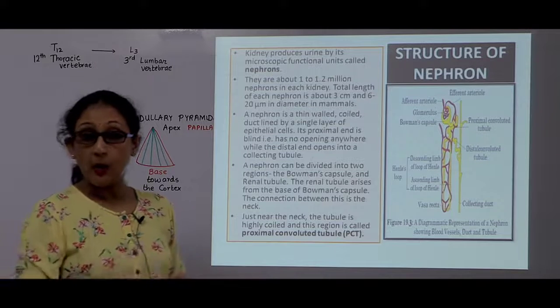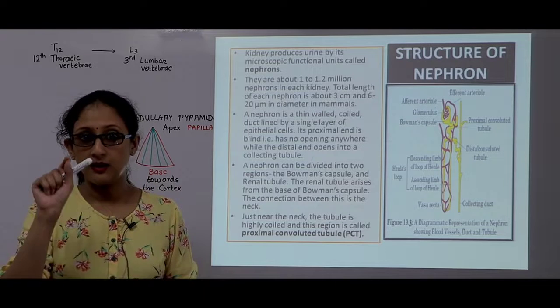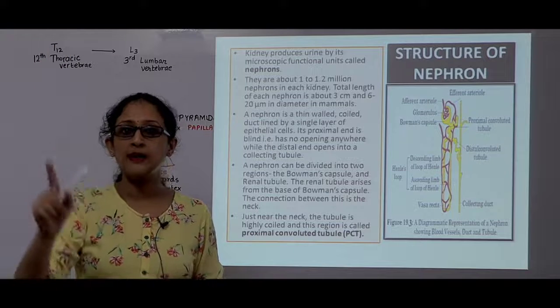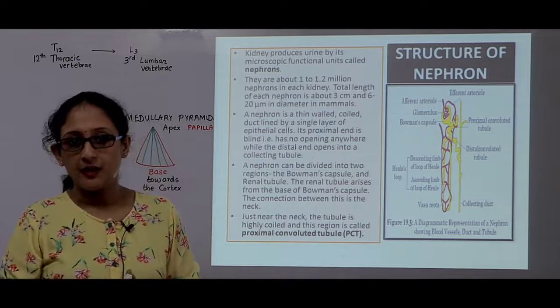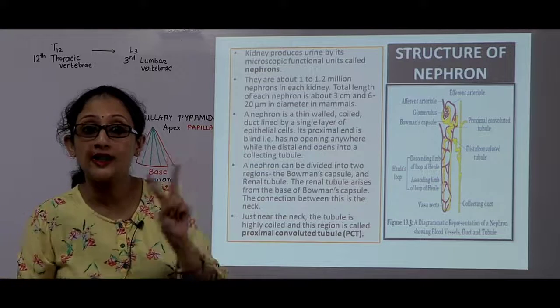Now, see the next statement. In one kidney, you have 1 to 1.2 million nephrons. I hope you know 1 million is 10 lakhs. This is per kidney, but your body has 2 kidneys.